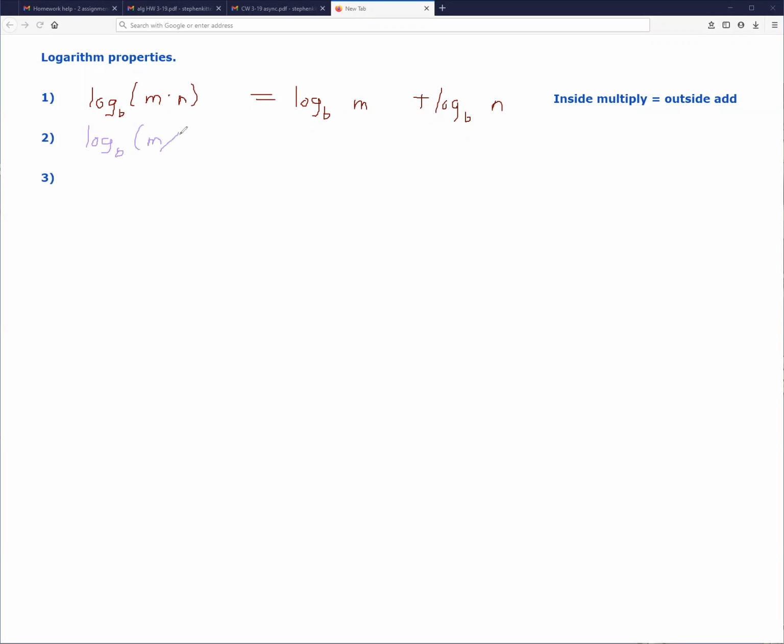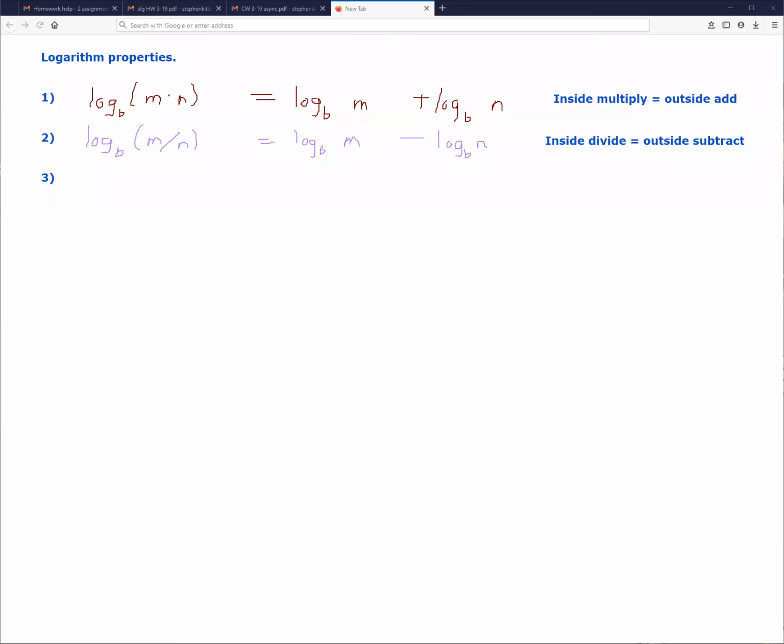All right, the second property is basically just a variation on that. It is m divided by n, and predictably, it's going to be the opposite of addition, since division is the opposite of multiplication, and so we're just going to subtract. So inside divide is equal to outside subtract. These two kind of work together.